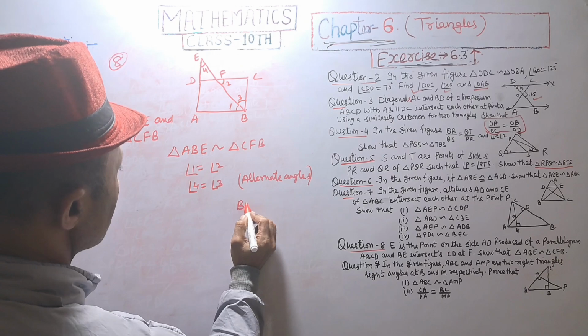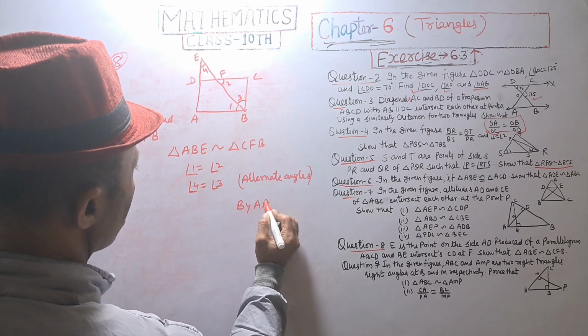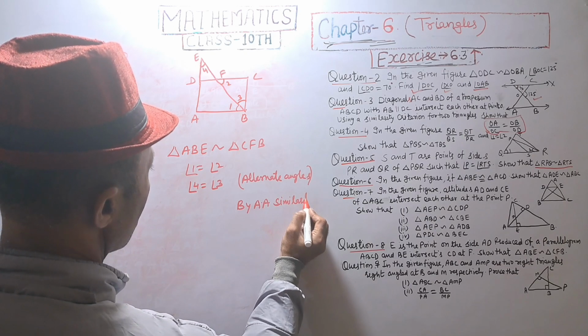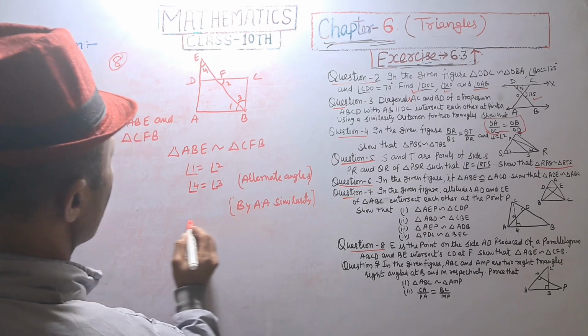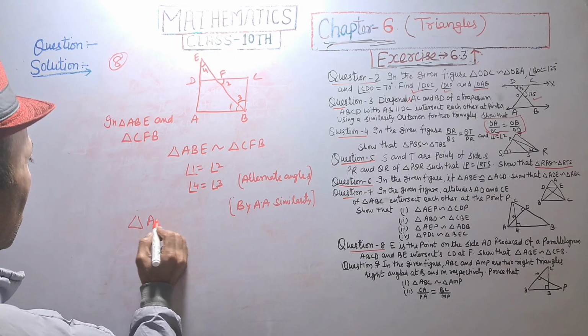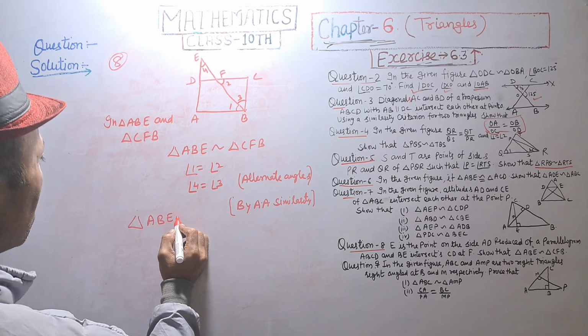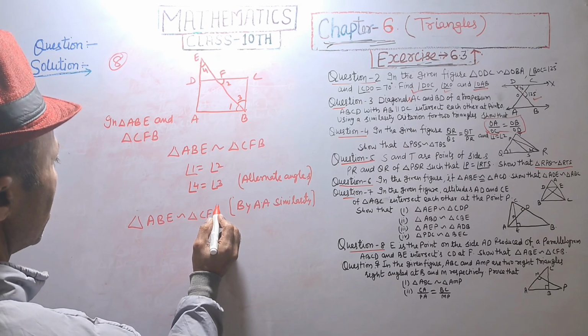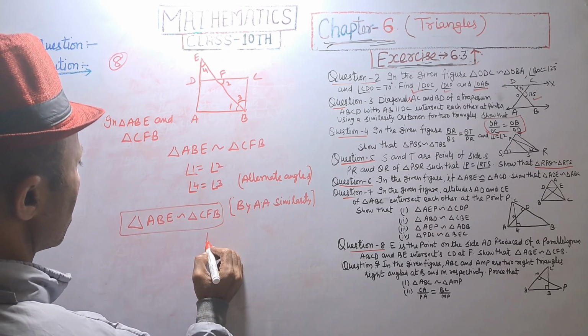By angle similarity, triangle ABE is similar to triangle CFB. Hence proved.